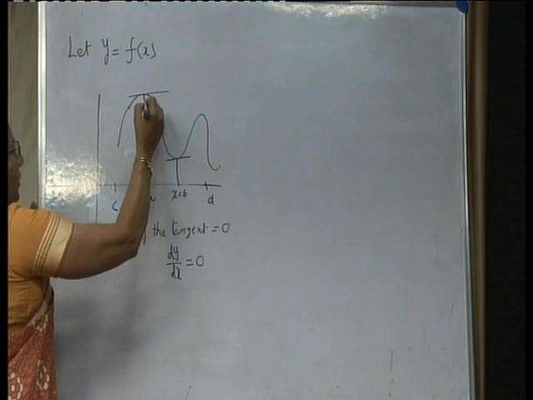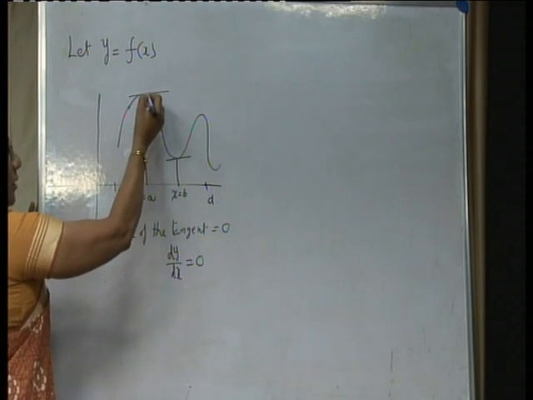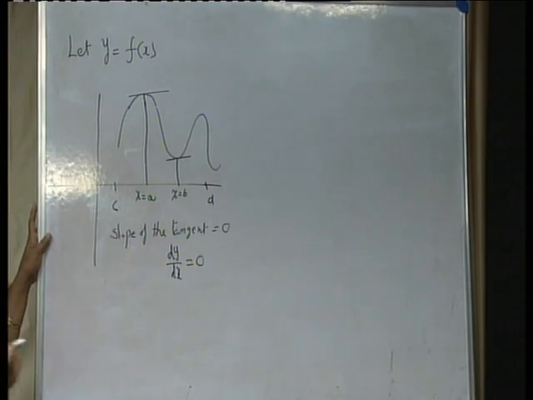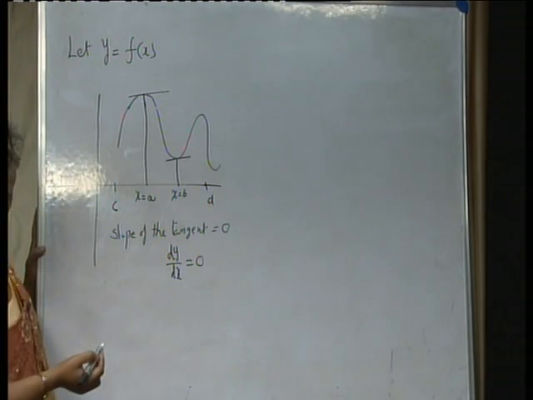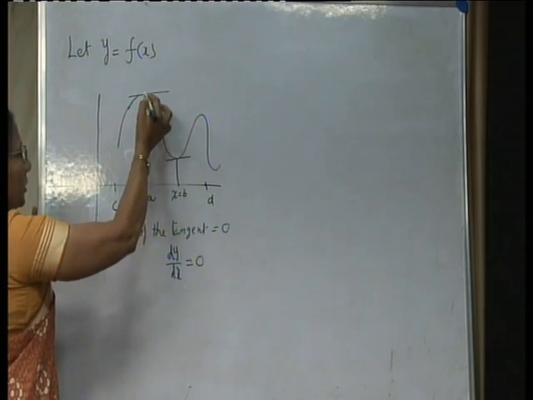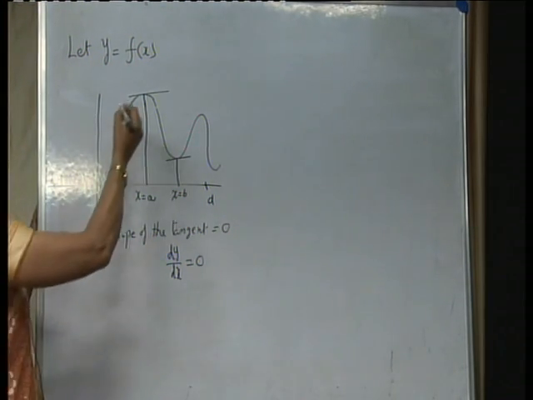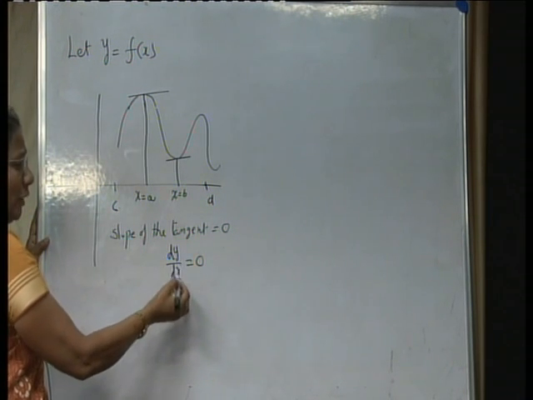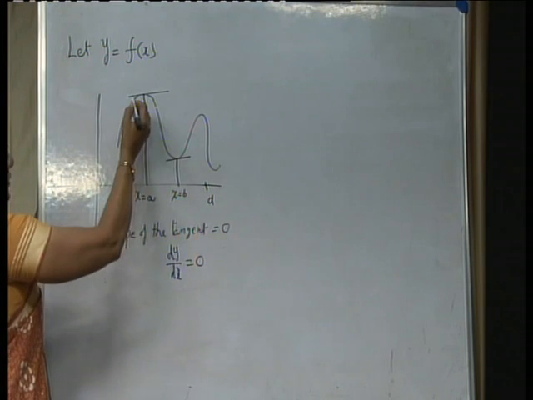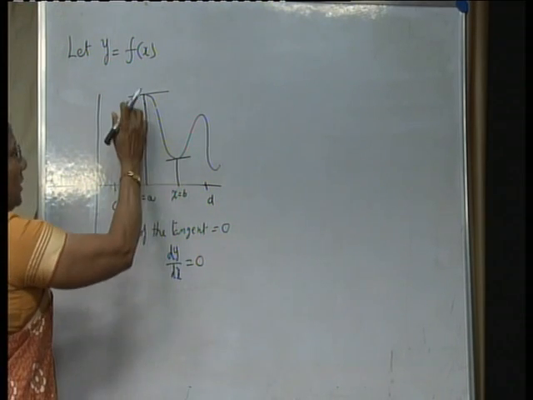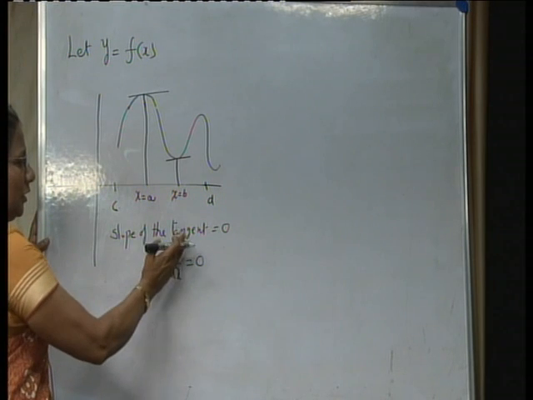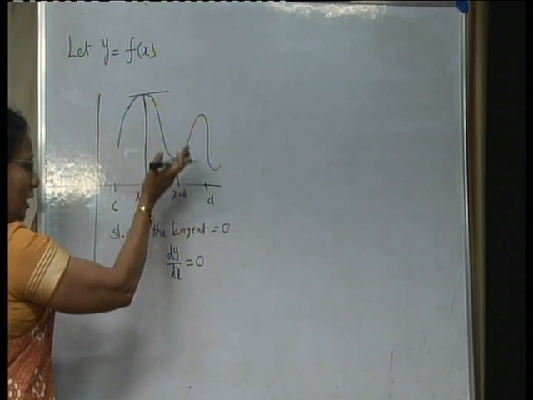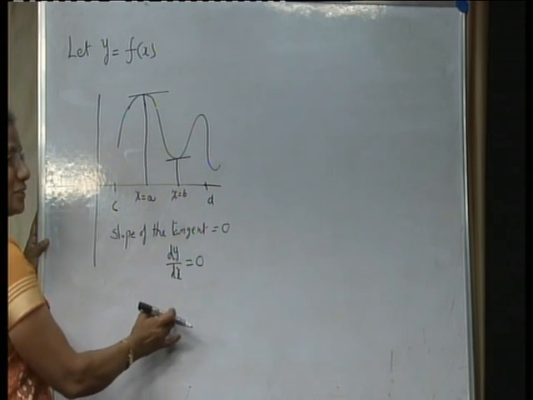Let us take this point, x is equal to a, and from the figure itself you come to know that this value of y is maximum compared to the neighbor points. You take any points in this interval, this value is maximum. If we take a point on the left side and find the value of dy by dx, it is positive. At this point, if on the left side dy by dx is positive, but if you go to the right side neighborhood points, dy by dx is negative.